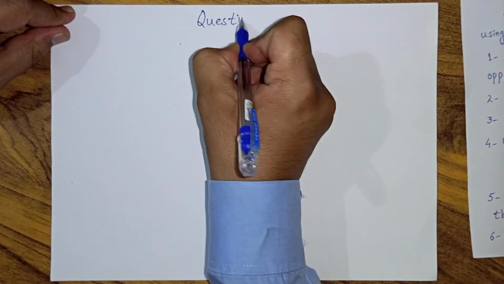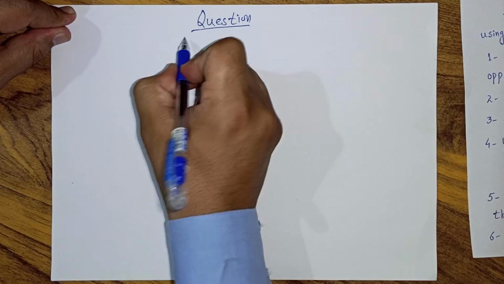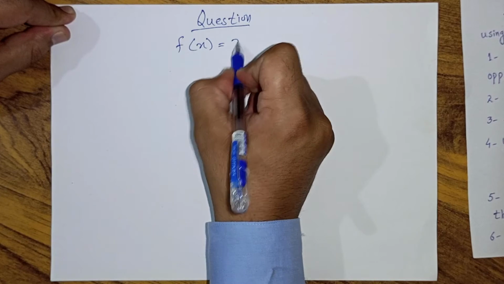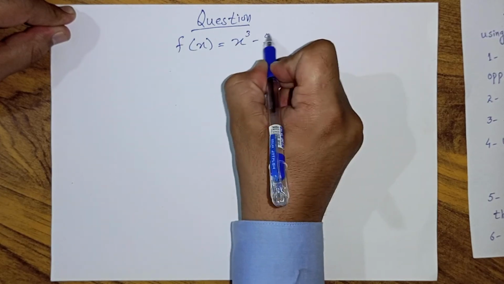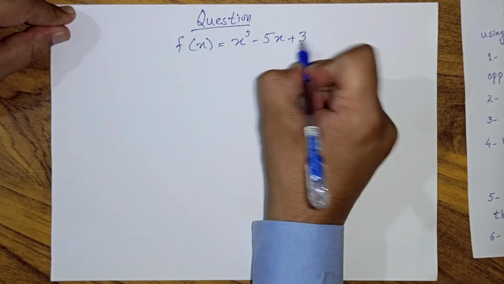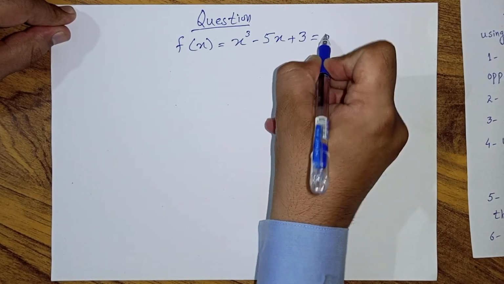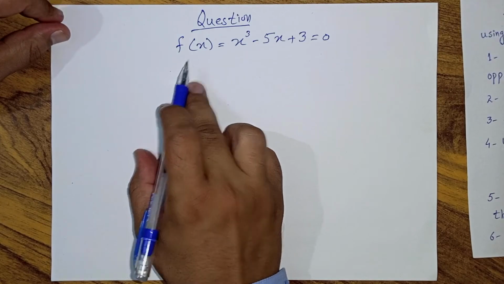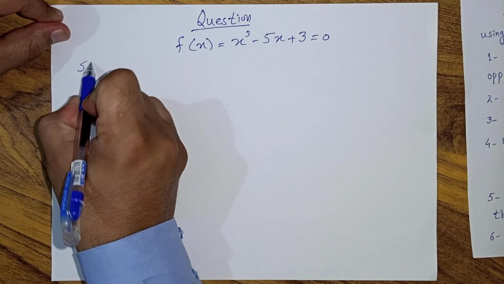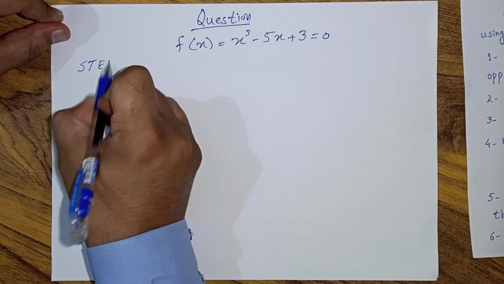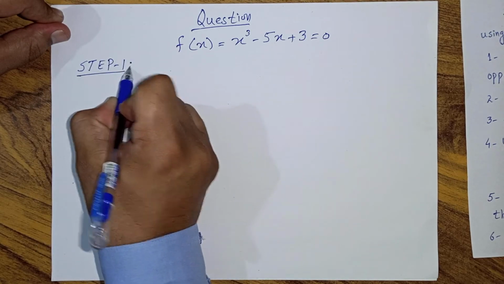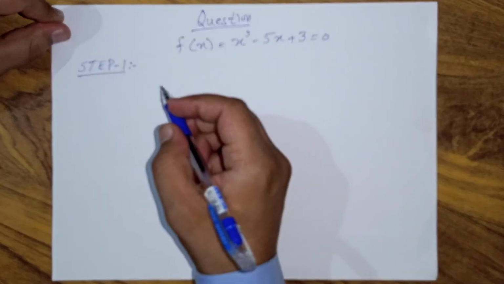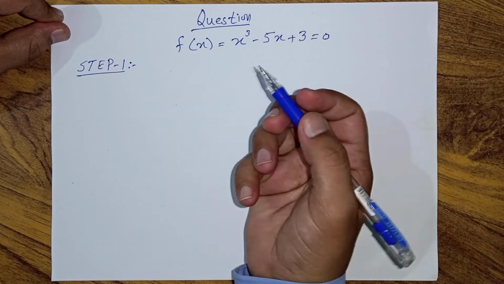We have a question: f(x) equals x cubed minus 5x plus 3 equals 0. Step 1 says determine the interval on which the function has opposite signs.